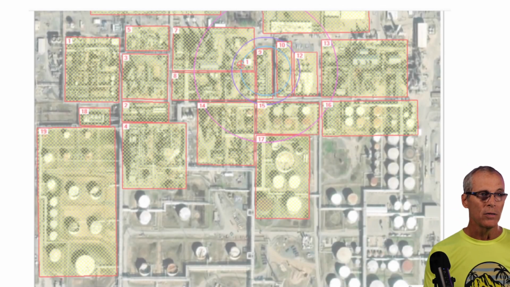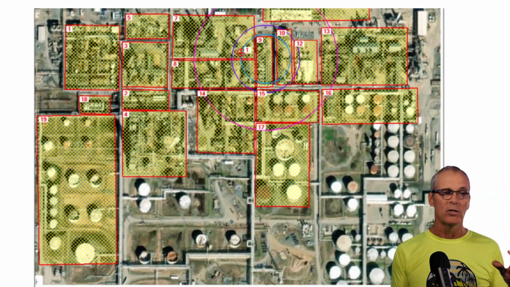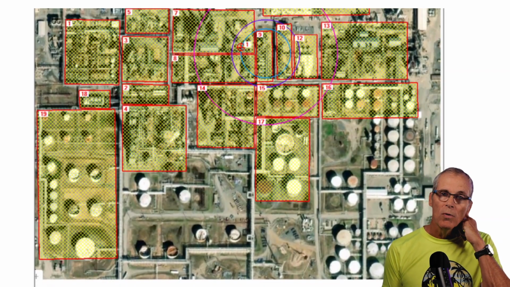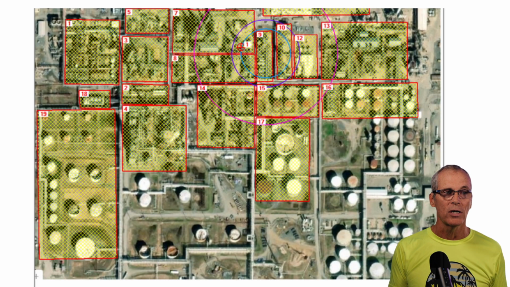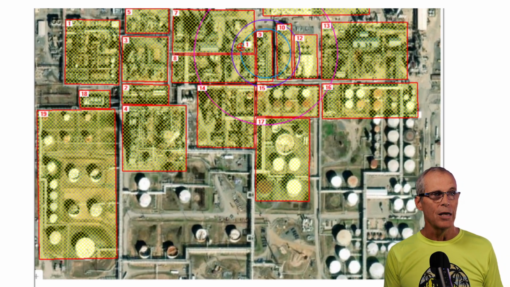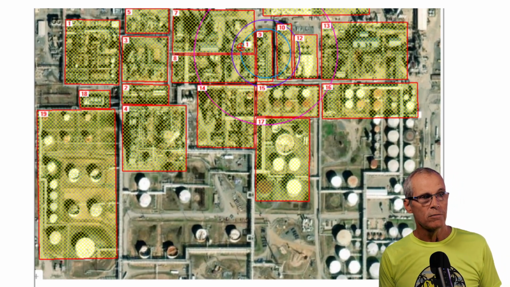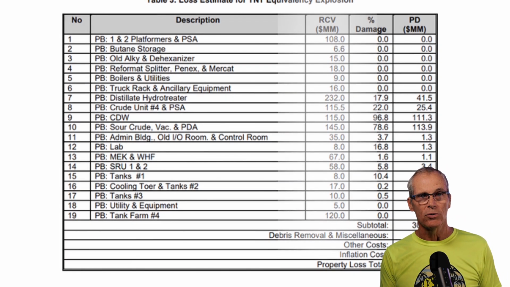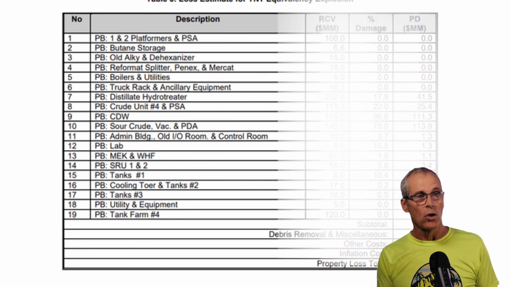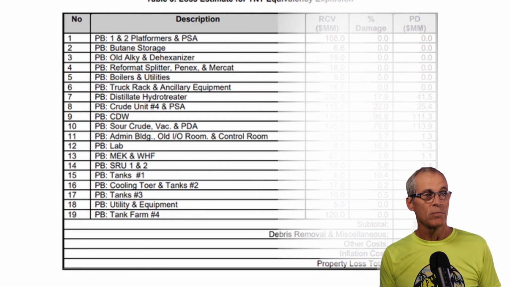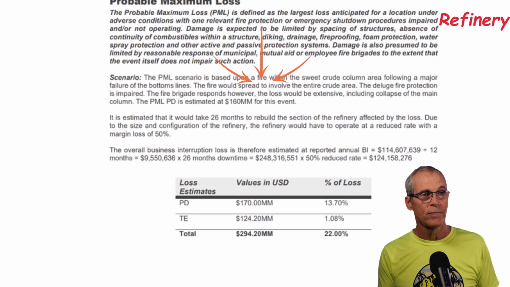They run the model, and then they try to figure out where the damage is. You see the circle in blue is a smaller circle in the middle at the top of the screen. It's the primary damage, and then you've got the other areas of lesser damage. And then you go through and multiply the damage times that piece of equipment, and then you determine what your total overall property loss could be.